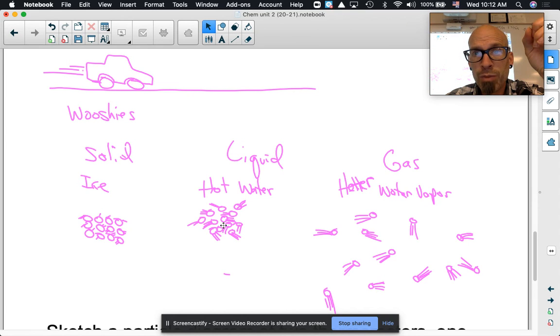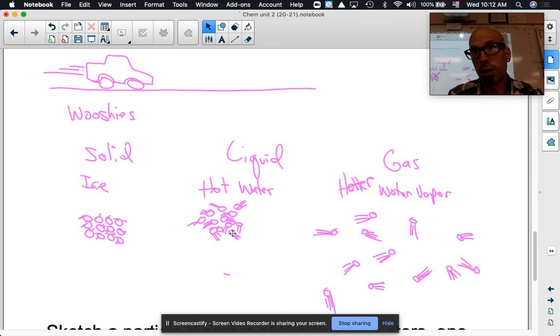However, the other day, when it was 28 degrees when we woke up and came to school on Monday, I think it was, 28 degree air means that the water vapor in the air was slower than the maybe 40 or 50 degree river temperature, probably 50 degree. So at that point, the gas particles were actually slower than the liquid particles. So it's not that gas particles are always faster than liquid particles, because they aren't. Remember, how fast they are depends on the temperature of the particles of the substance.